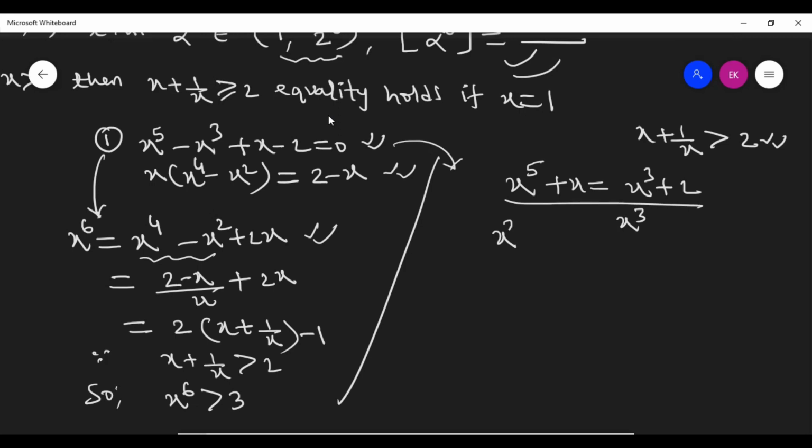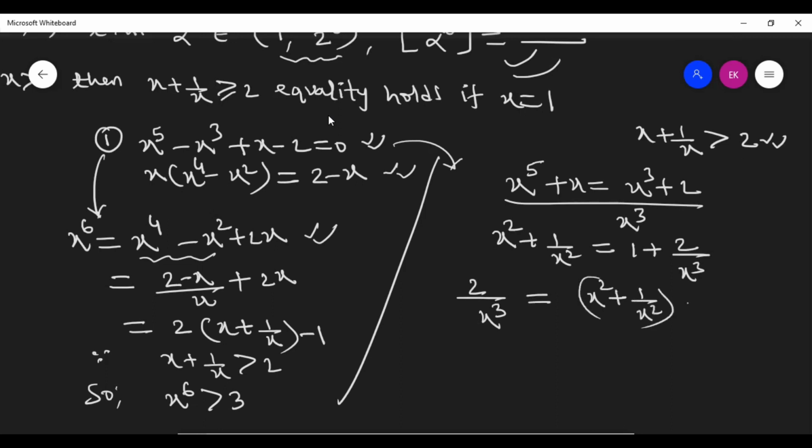It becomes x square plus 1 by x square equals 1 plus 2 upon x cube. Therefore, 2 upon x cube is equal to x square plus 1 upon x square minus 1.